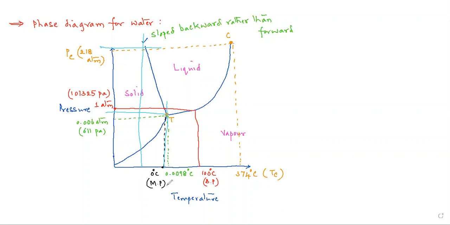The melting point was here earlier, but now it has come here. Pressure was actually here, but now when pressure is increased to this, melting point is decreased. This is what we learn from the curve that has sloped backward. Okay, let us discuss in detail about that.